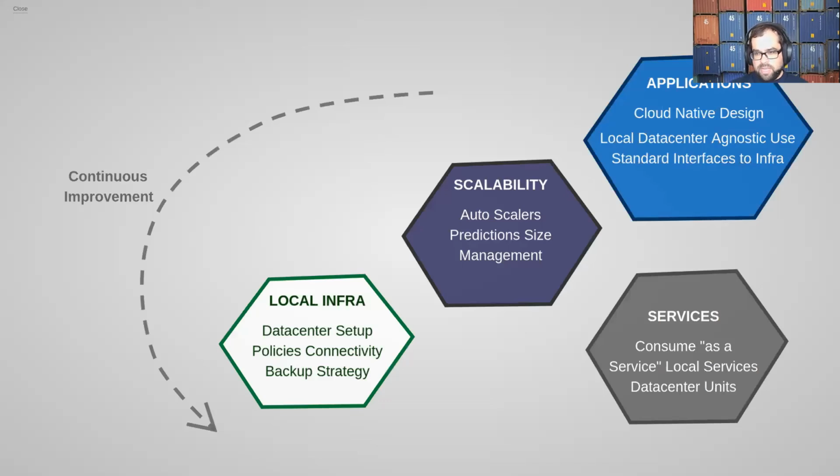The applications should be data center agnostic, by using standard interfaces. What this means is, for example, the registry. Every application consumes its images from registry.manufacturing.com, but in the end, a DNS lookup gives them the local nearest Docker registry cache.